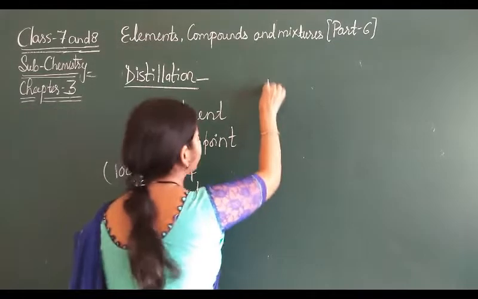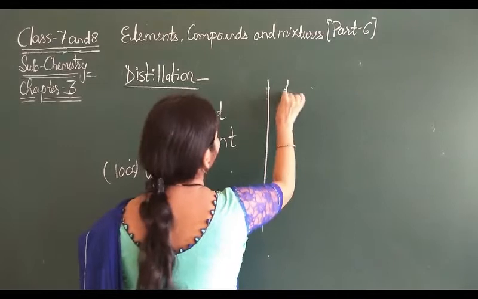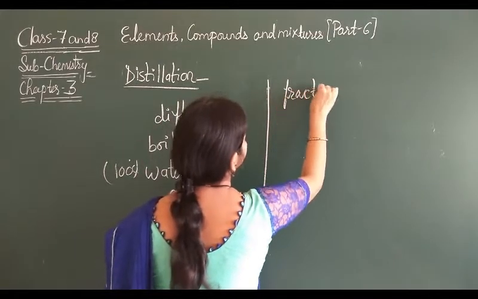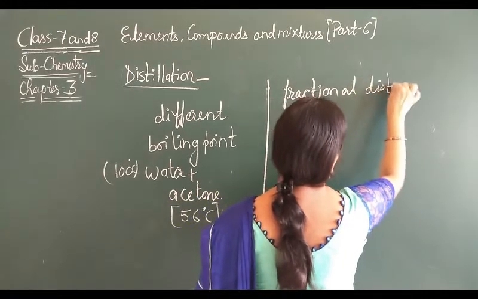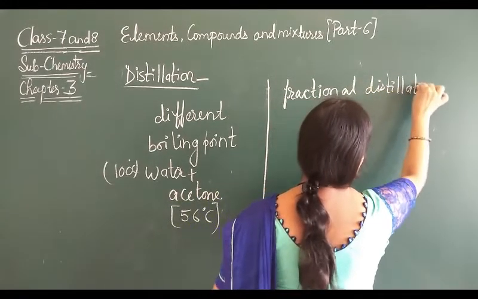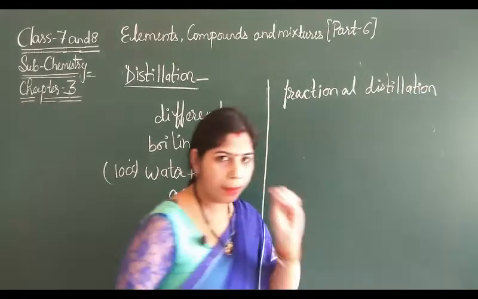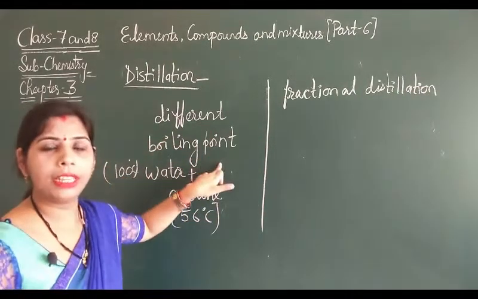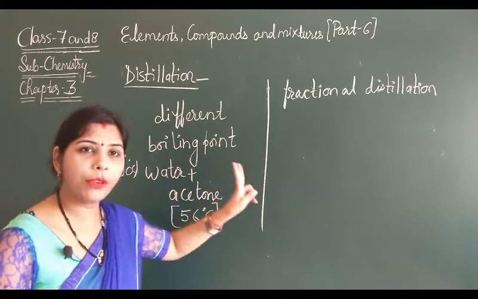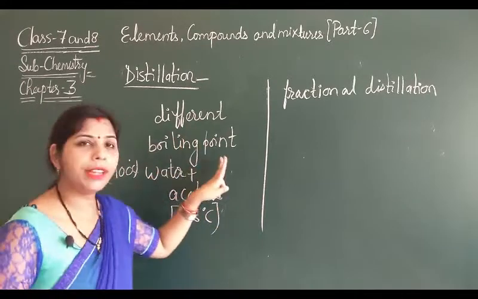But there is a difference between distillation and fractional distillation. Keep it in your mind, the minor difference is there. In distillation, the liquids have different boiling points and are separated.